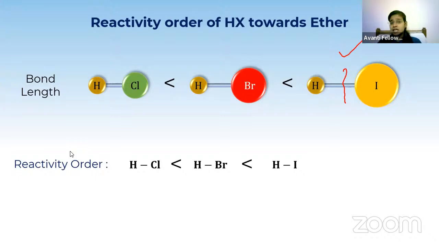It will take time. So we don't take HF for the reaction with ether. The reactivity order is very, very important for HX towards ether, so just have a note of it. Now we will move ahead with the next concept.